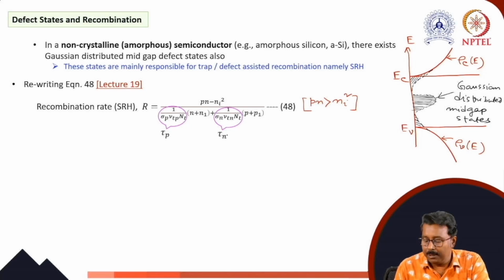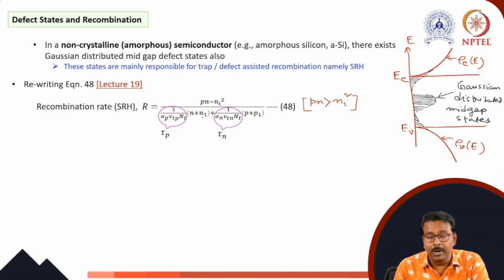Tau p is the hole lifetime, tau n is the electron lifetime, multiplied by p plus p1. p means hole concentration at non-equilibrium, which may be written as p0 plus delta p, where p0 is the equilibrium concentration and delta p is the excess generated concentration of holes. And p1 is nothing but the hole concentration at the trap state.